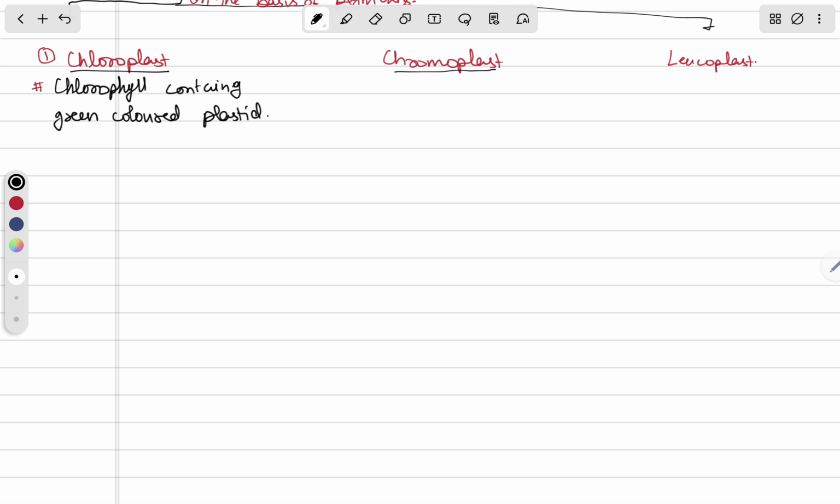The main pigment present in chloroplast is chlorophyll, but the amount of chlorophyll is way more than in chromoplast. Chlorophyll is also present in chromoplast, but the amount present in chloroplast is way more. Apart from chlorophyll, they also have carotenoids, but obviously the content of carotenoid is less in chloroplast. So chlorophyll gives green color to the chloroplast.